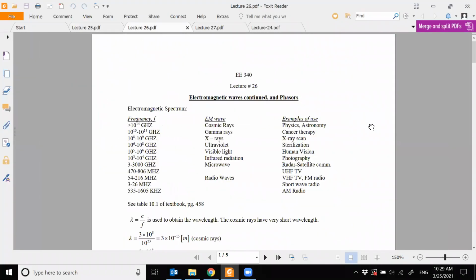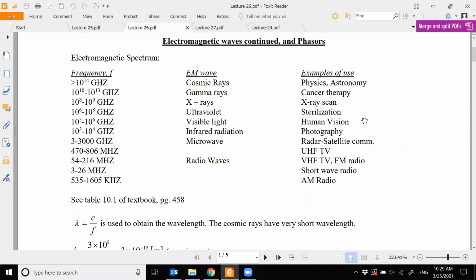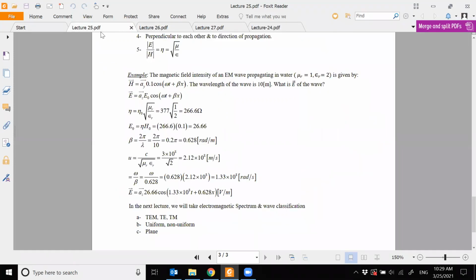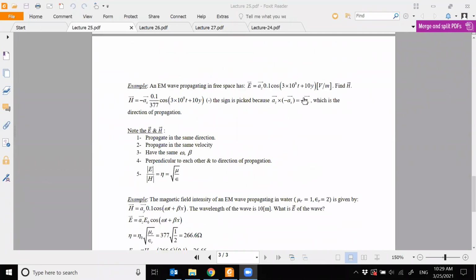In the next lecture, we are just looking at what the electromagnetic spectrum looks like, because we have now seen the electromagnetic field, and your electromagnetic field can have different frequencies, right?